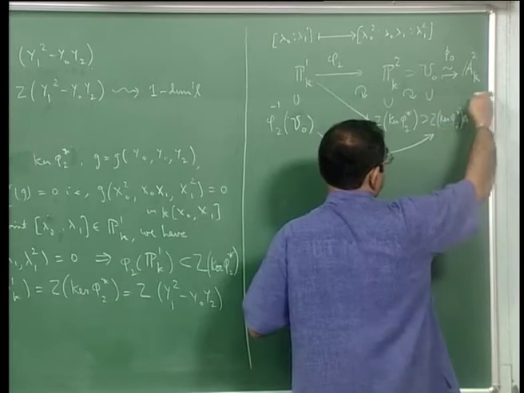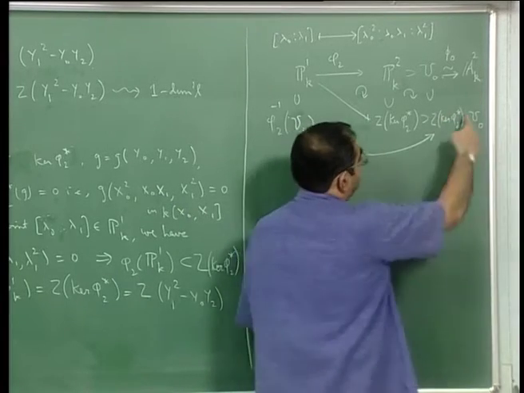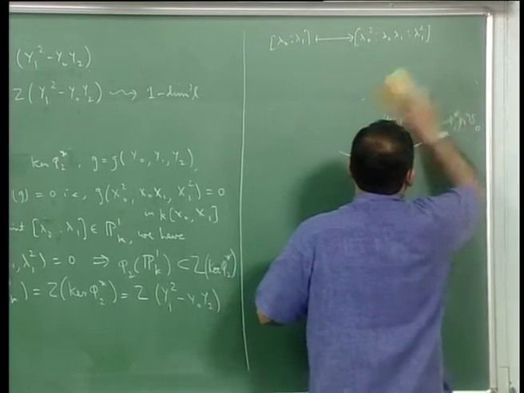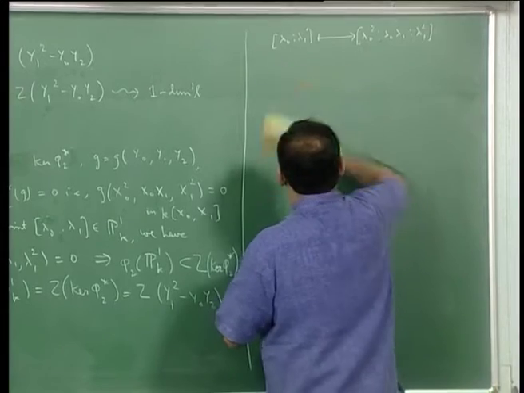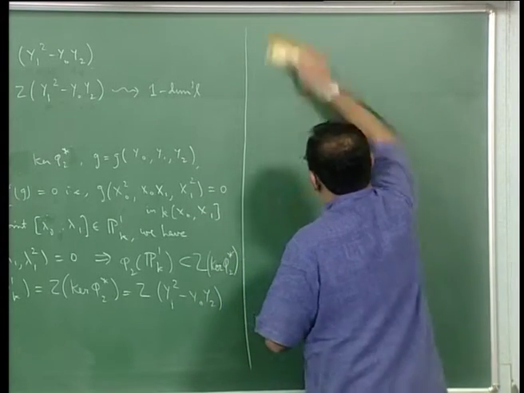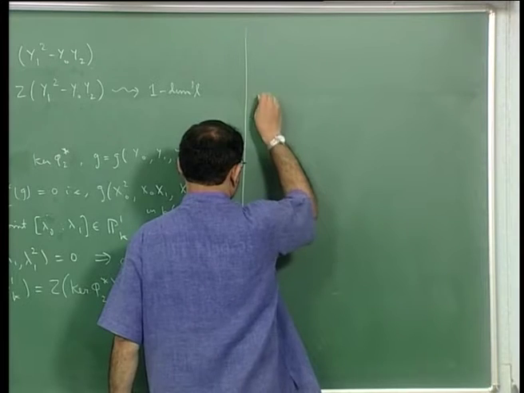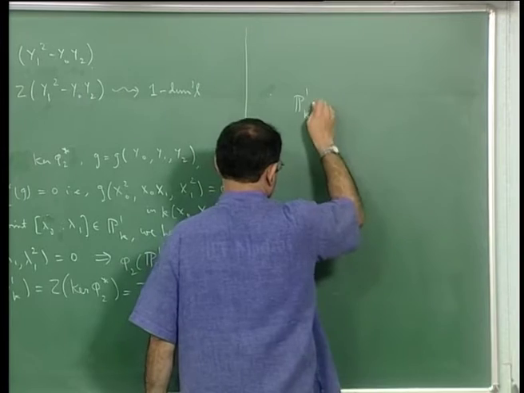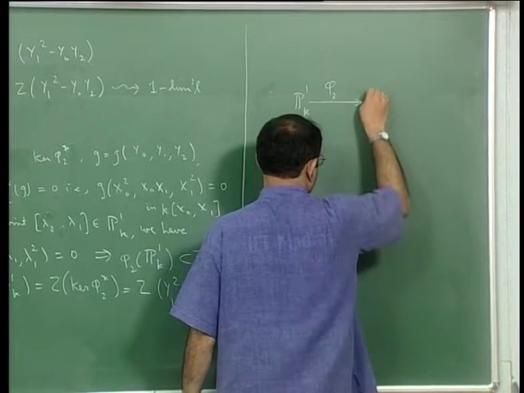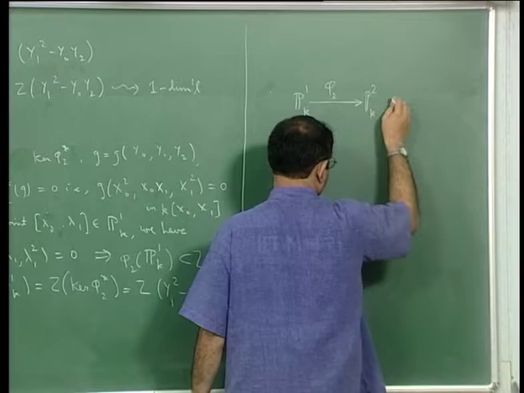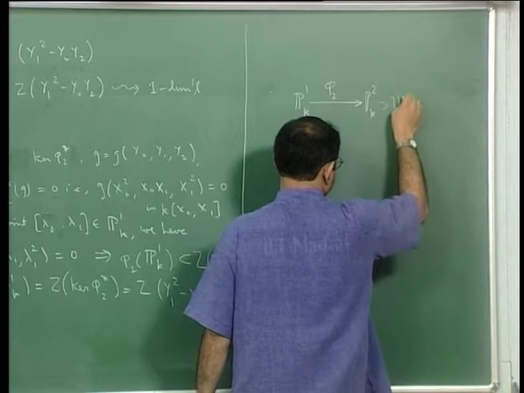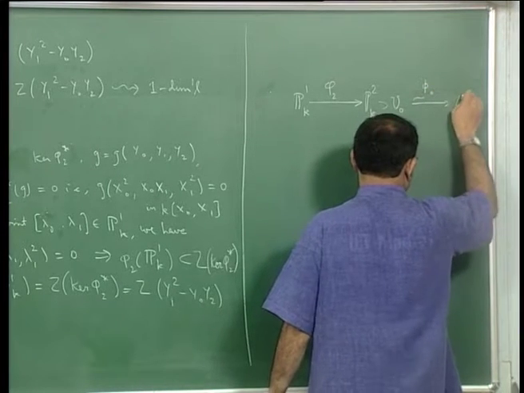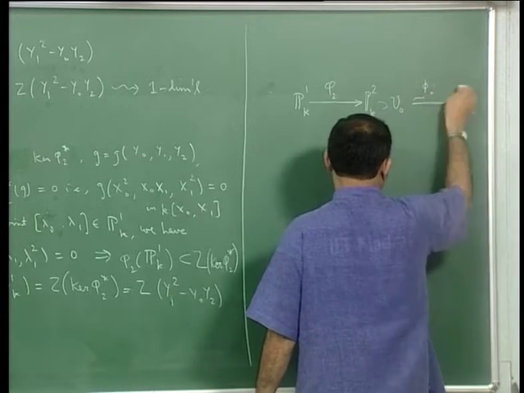The point is that this is an affine variety here. I need a larger diagram, so let me draw it again. So I have this P1, I have phi2, P2, and I have U0 here, which is identified by phi0 with A2, and you know what this map is.